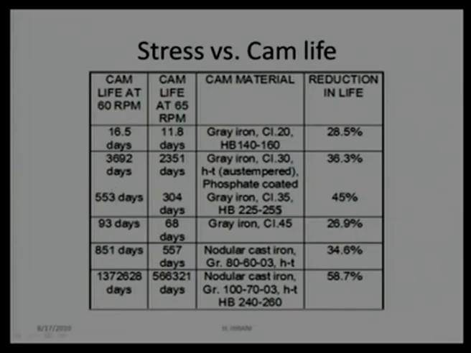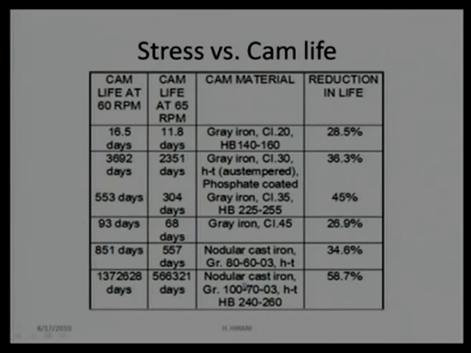Similarly, we use higher carbon percentage in this case. When you use higher hardness also, of course, we are removing the phosphate coating, the self lubricated coating, we can say that life is reduced in this case.